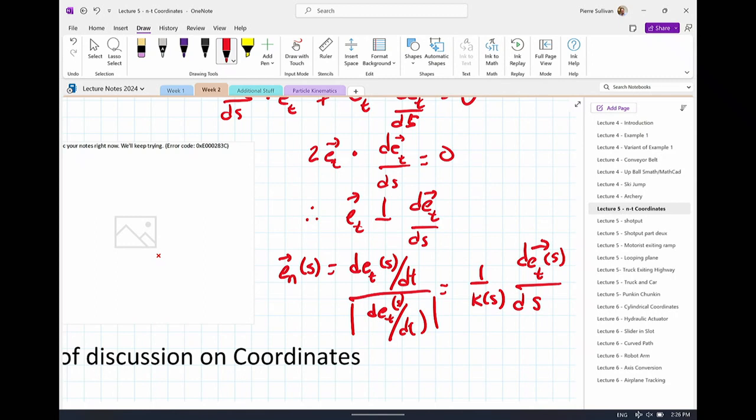And the bottom term here is this kappa s, which was that curvature I defined just a few minutes ago. And the other term is the one I'm interested in. So E sub n is a function of the curvature and the time rate of change of that term.